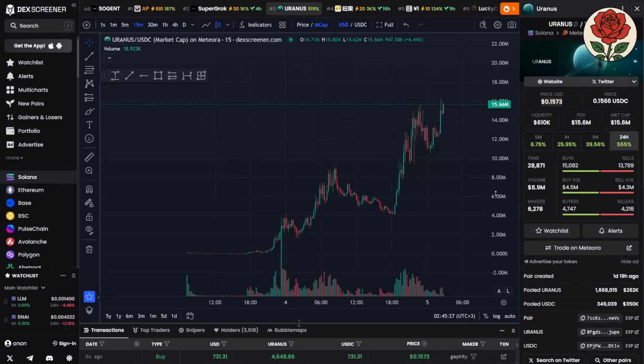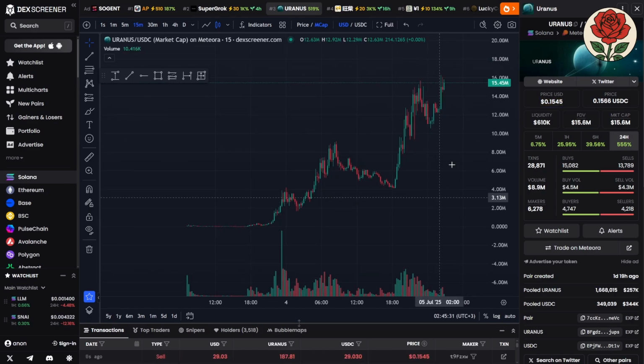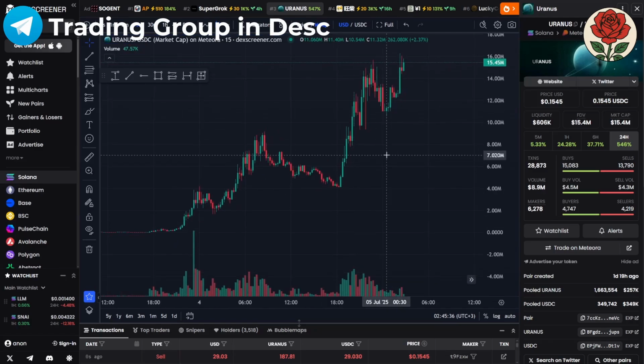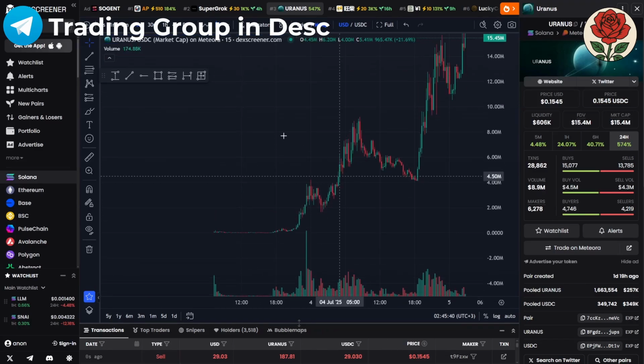So for this, I'm gonna take the coin Uranus and make some technical analysis on this coin so you understand how this works. Okay. So firstly, we see the chart. Okay, we see a pretty strong chart.